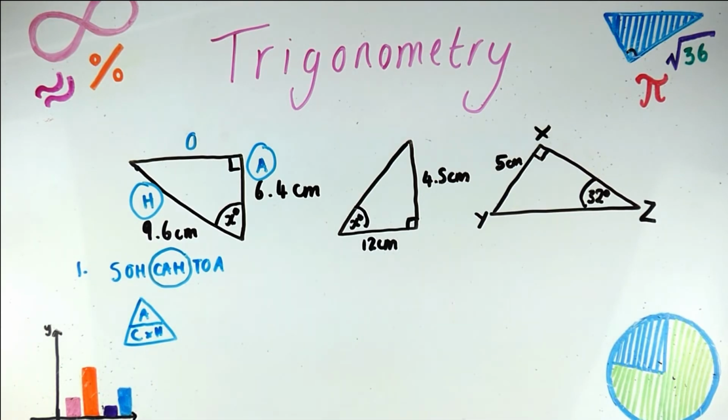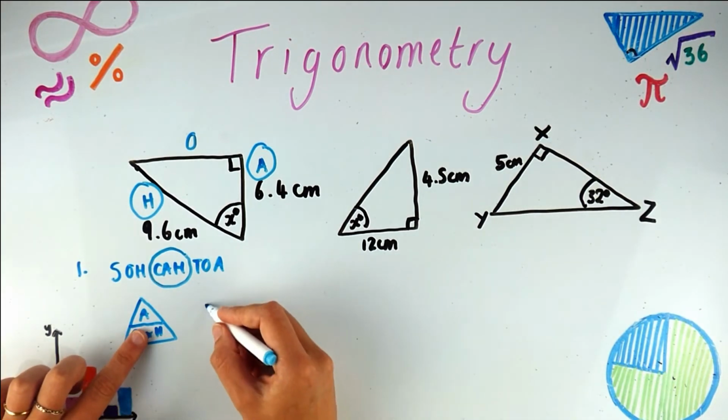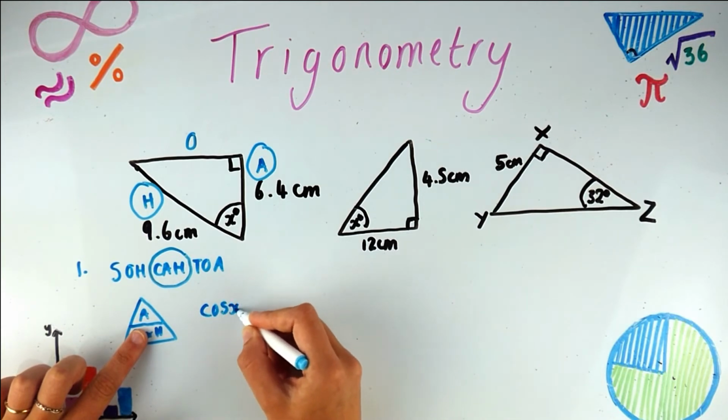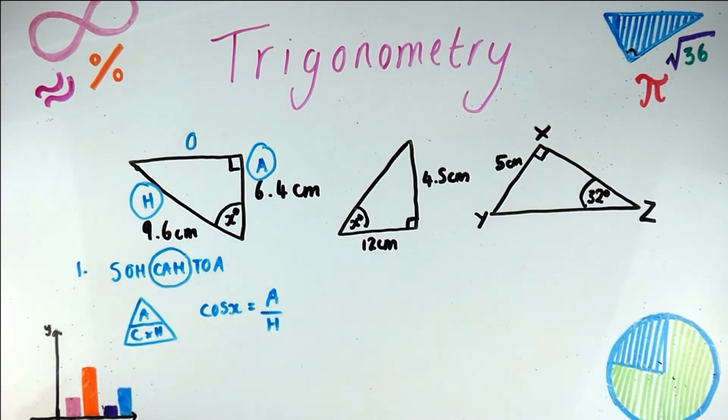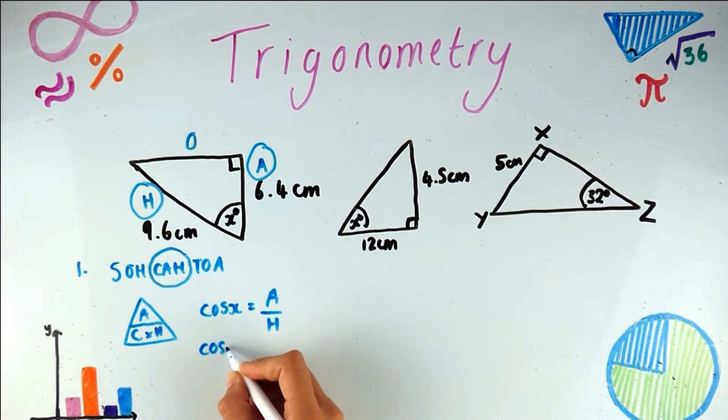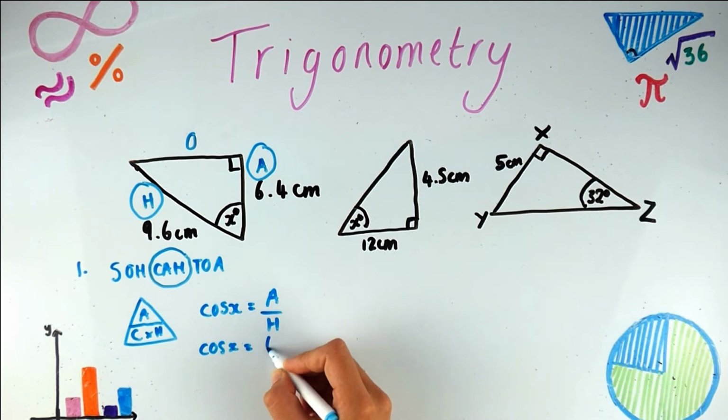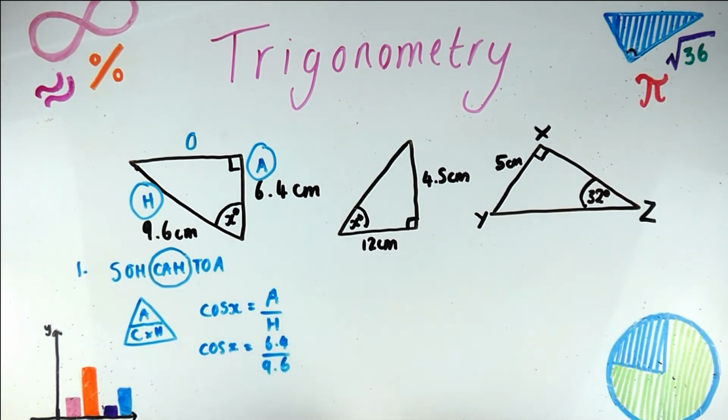Now the one we want to find, we're going to cover that up with our finger. So we want to find the angle, so that's going to be the cos. So we cover that up and write it down, and it equals A over H. We just sub in the numbers, 6.4, 9.6, and now because we want to find x, we're going to have to do the inverse of cos.